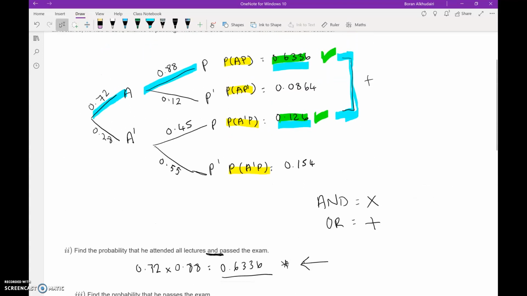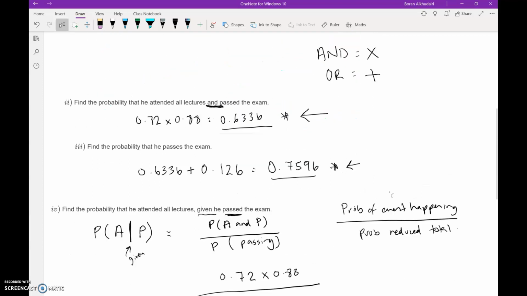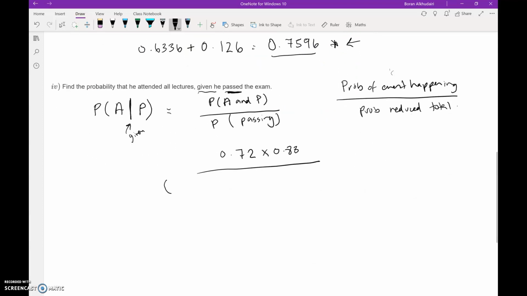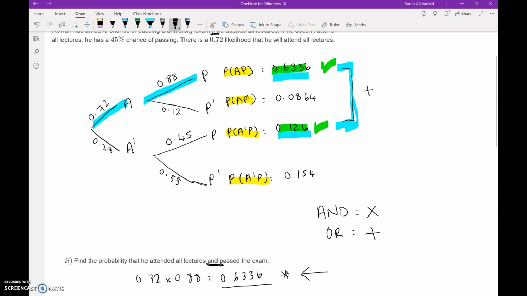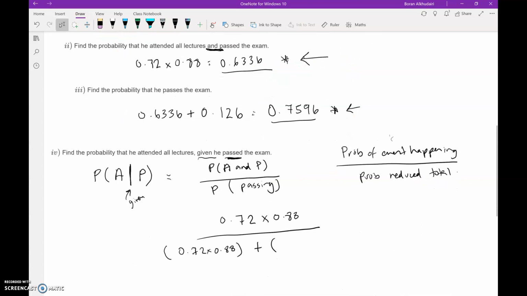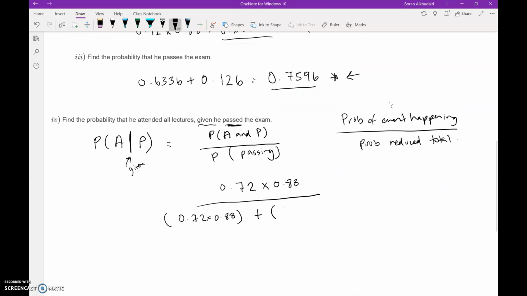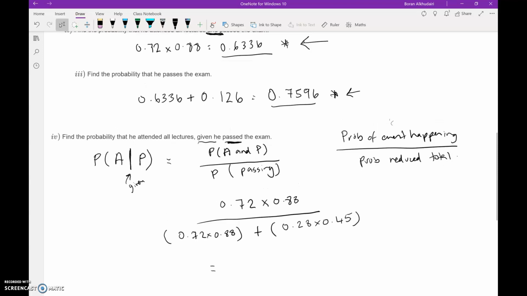So the first scenario is this one right here, the same as before, 0.72 times 0.88 plus the probability he doesn't attend and he passes, so 0.28 times 0.45. Okay, this is just a long way of doing it. You can skip all this.